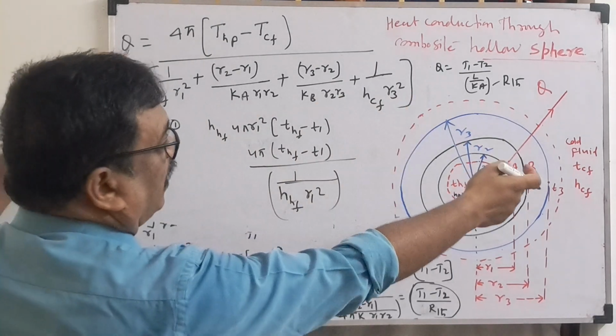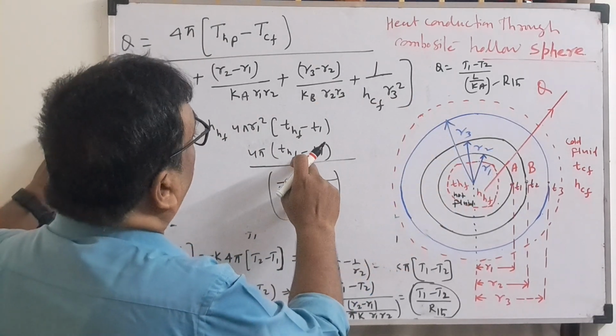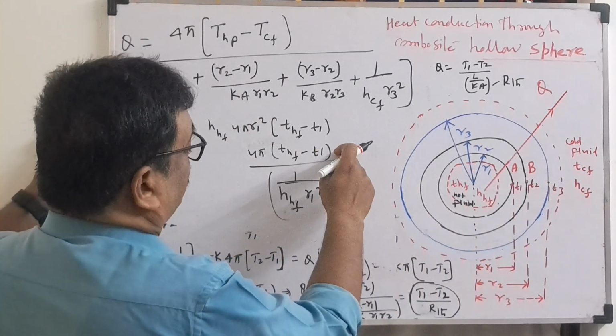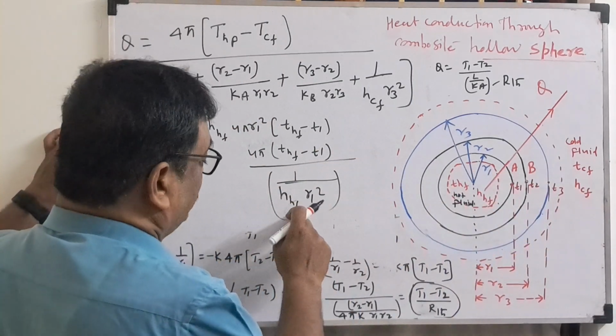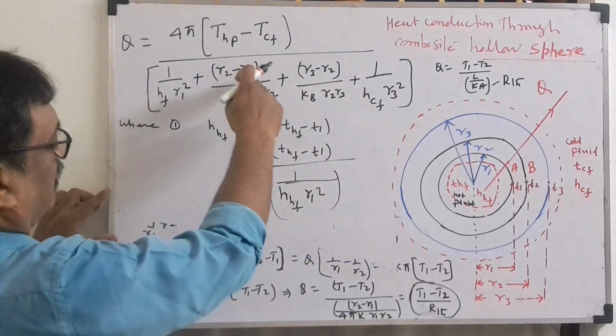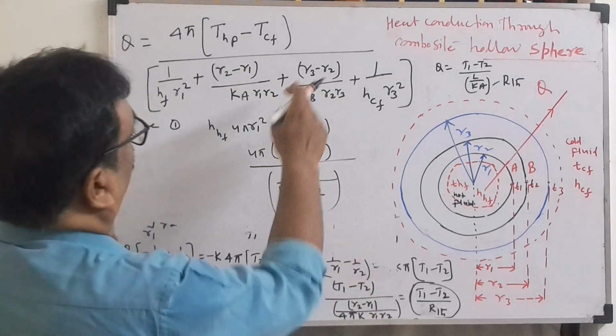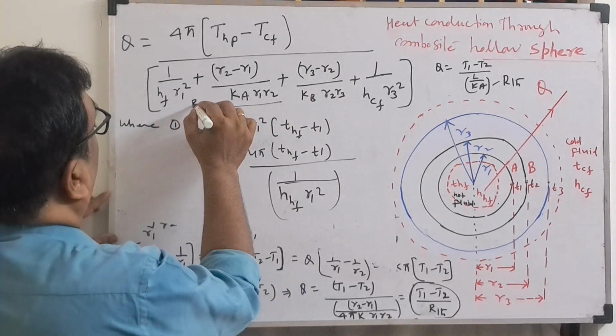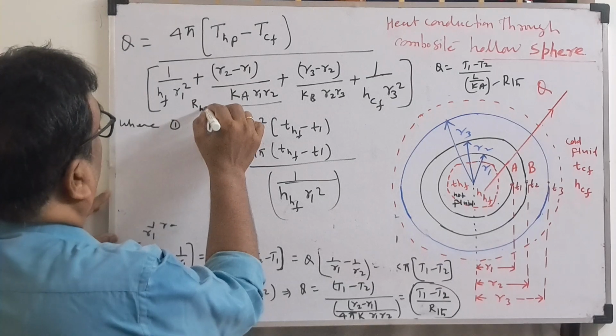If we go to the last one, what will we write here? T3 minus TCF, HCF R3 square for this. For the conductions, what will you write? This only: R2 minus R1, then R3 minus R2. So this is nothing but the thermal resistance for the hot fluid.